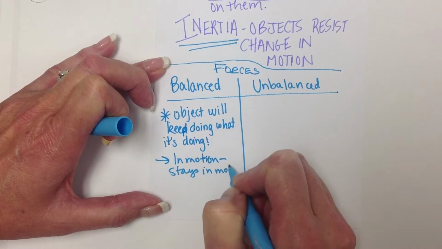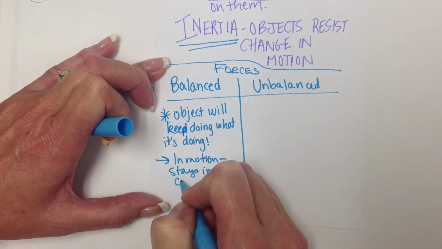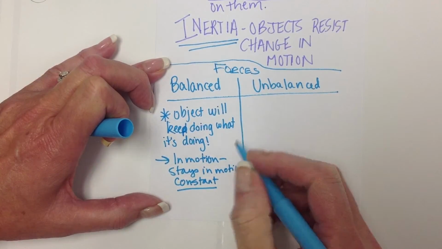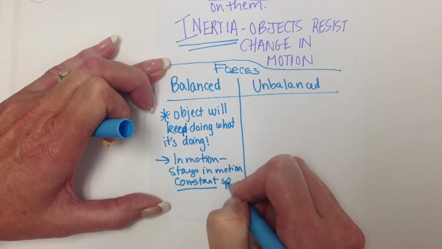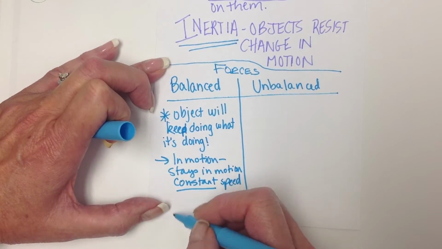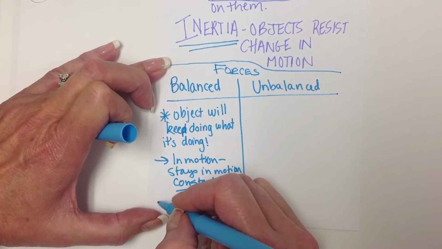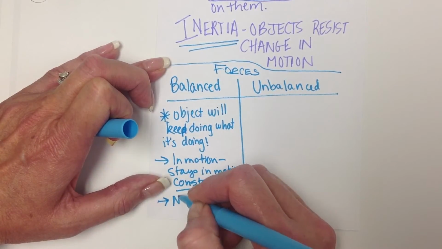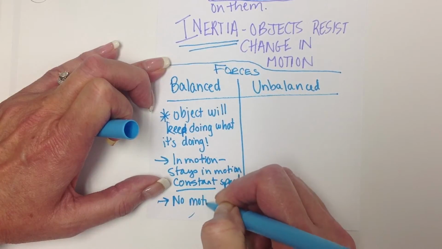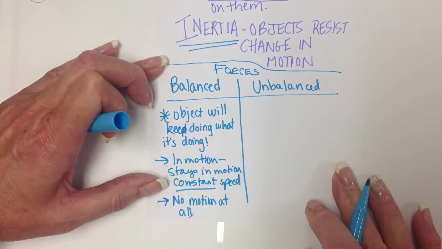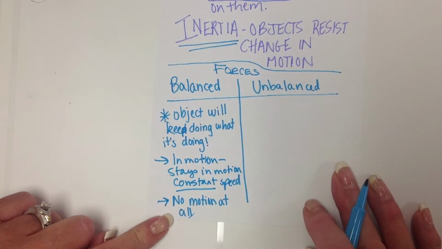And this is when we're looking at something that is at constant speed. An example of this would be the Earth rotating on its axis or revolving around the sun. Or if it's not moving, it will not start moving. So no motion at all. Okay, so that's balanced forces.